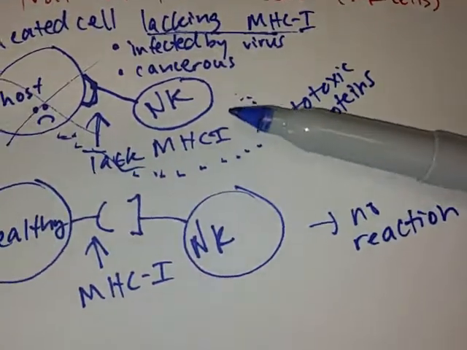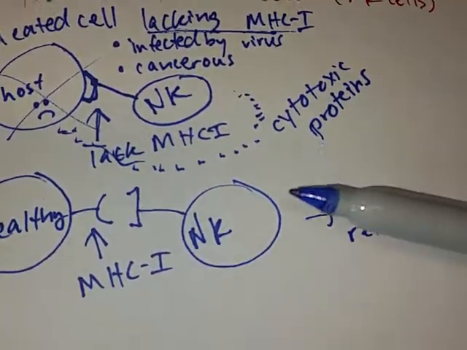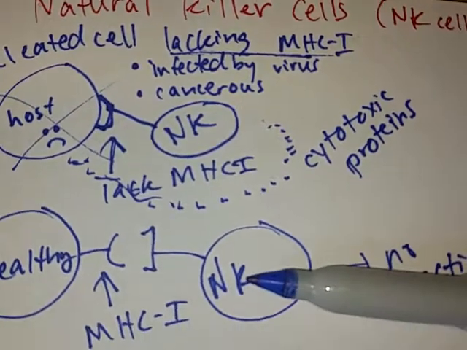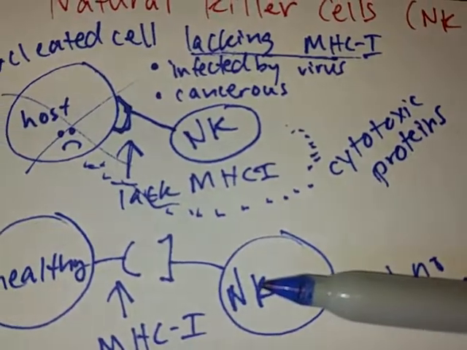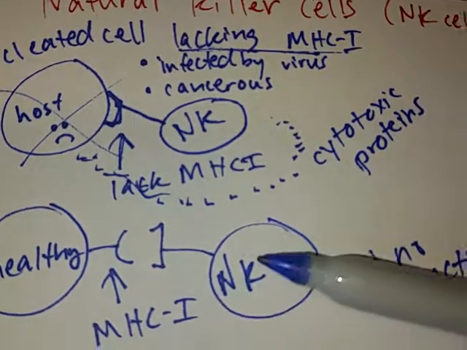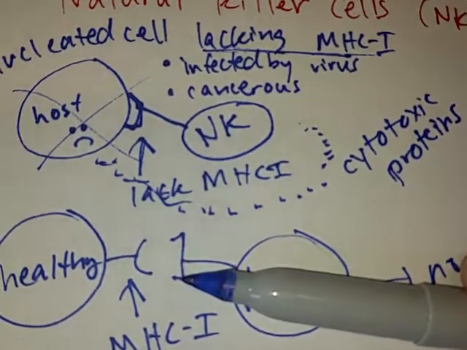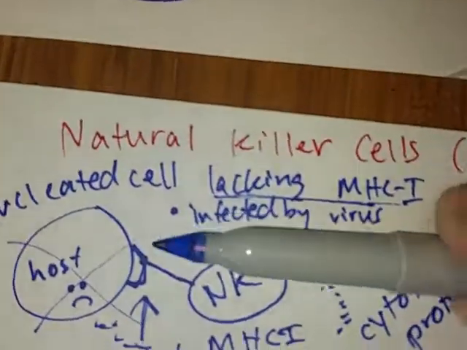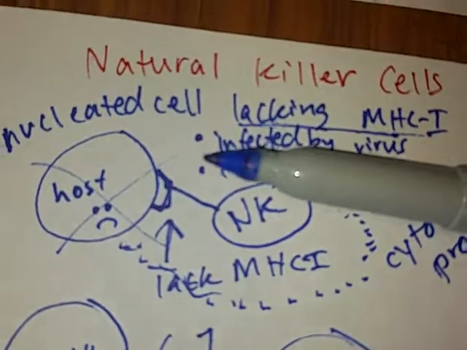Natural killer cells have the same mechanism where they release these cytotoxic proteins. But these natural killer cells instead look for the presence of MHC1. So the natural killer cell is like, sweet, this one has MHC1, you're still healthy. Then it moves on to the next cell and it's like, oh my goodness, MHC1 is gone.